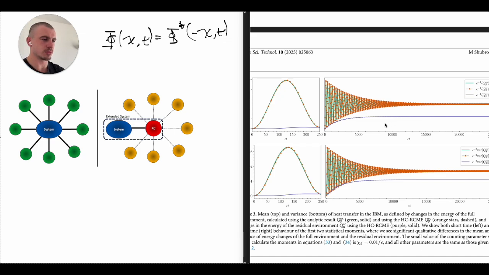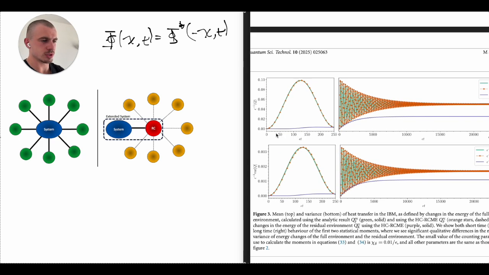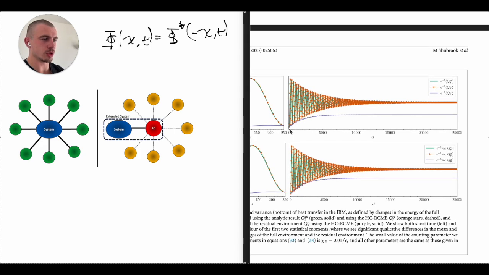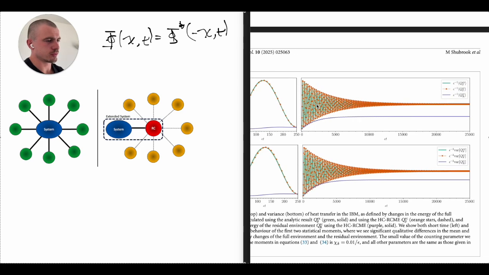This was quite an awkward plot to try and make, but hopefully that makes sense. So here you can see we're going out to 250, whereas in this right-hand plot, we go from 0 all the way up to 25,000. So this left-hand plot here is essentially just the first little part of this right-hand plot, just zoomed in so that we can see what's happening. See these oscillations, and we can see that the overlap is quite nice.